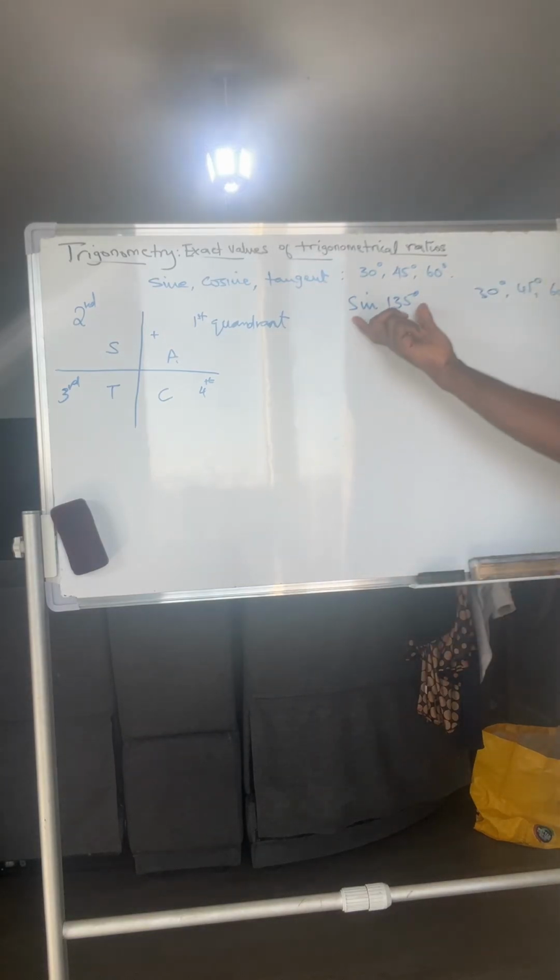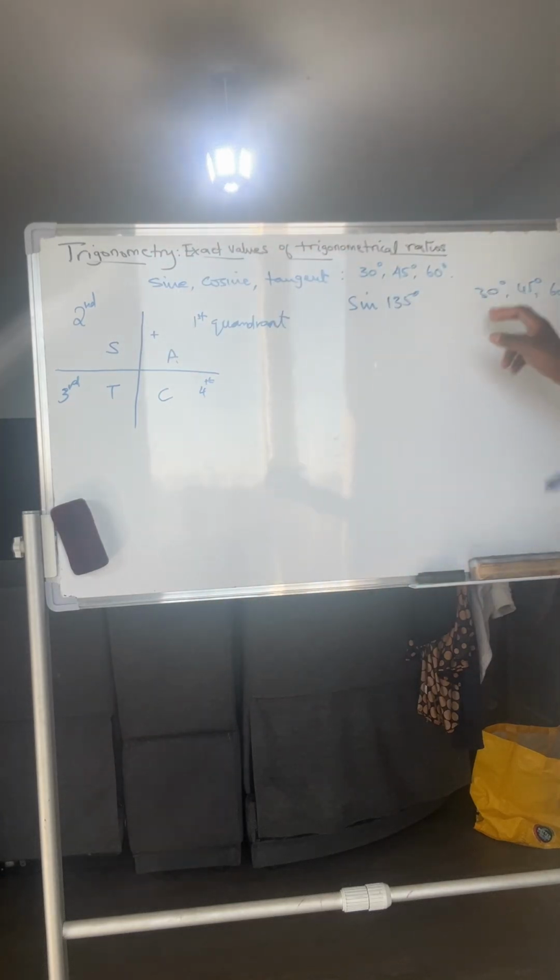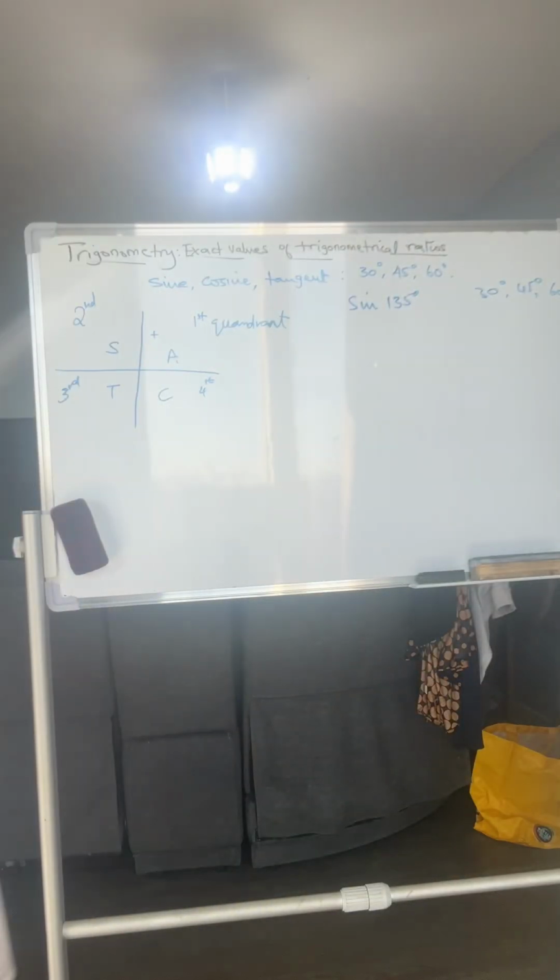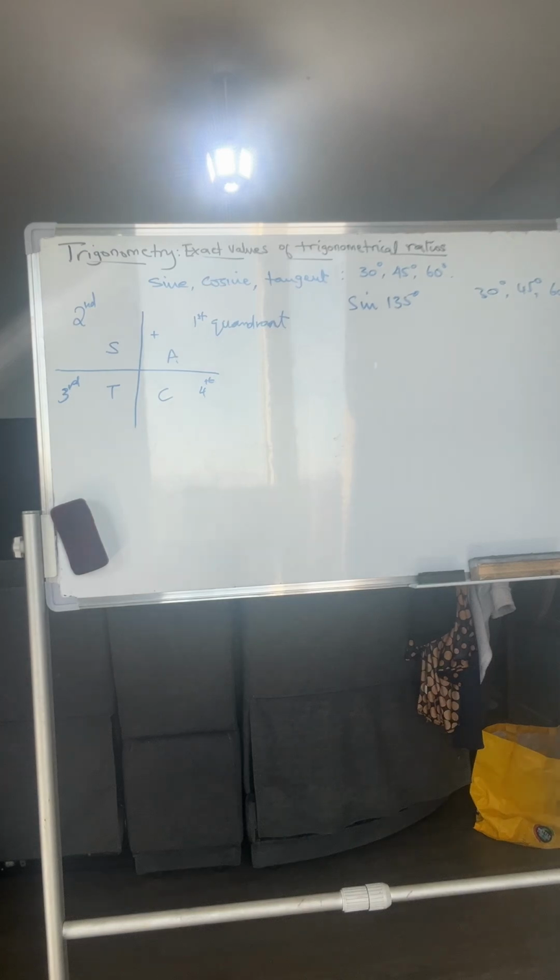We have to express this as a trigonometric ratio. What we have done, sin 30, cos 30, tan 30, is either 30, 45, or 60, and we express it in that format, those fractions we had earlier on.